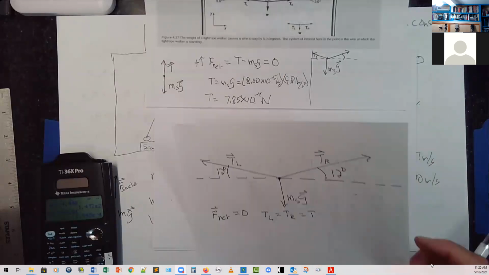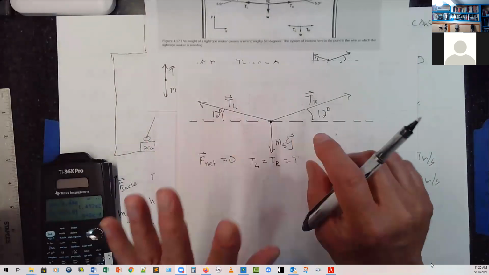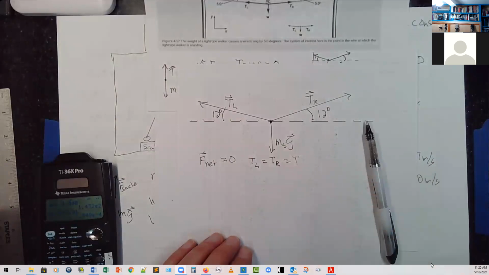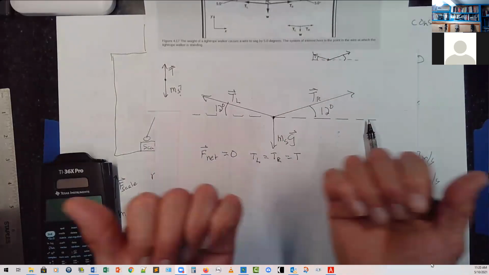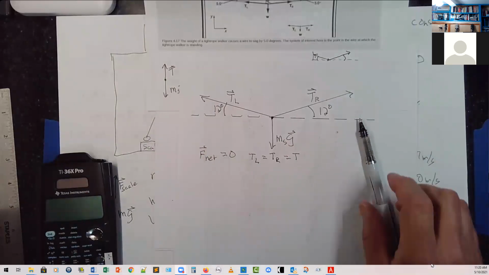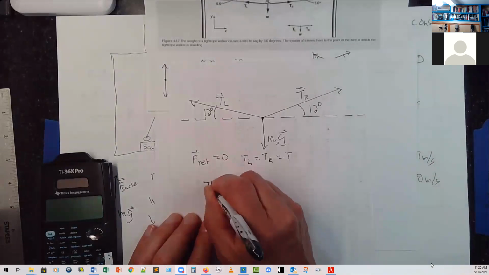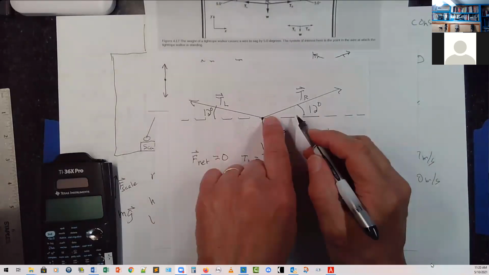Now, here's the thing. When I have a bunch of forces adding together, it must be that the vertical components of the forces are equal and the horizontal components of the forces are equal. Well, T sub r, I can write as an x component.